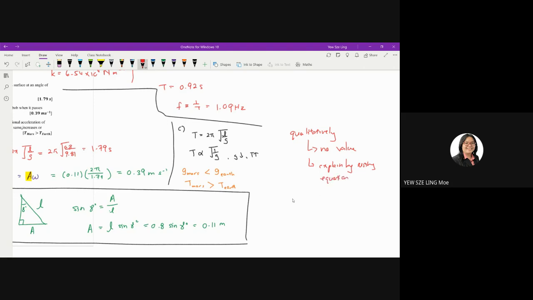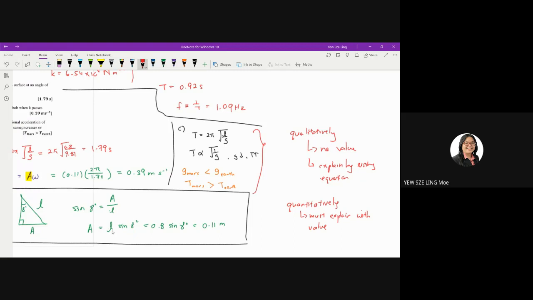If the question says explain quantitatively, then you must explain with values. You substitute the 3.71 into the equations and compare the two values. If the question says explain qualitatively, then you show the equations as I showed you here.